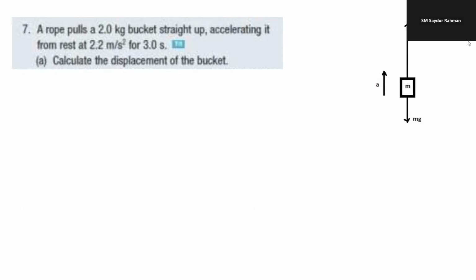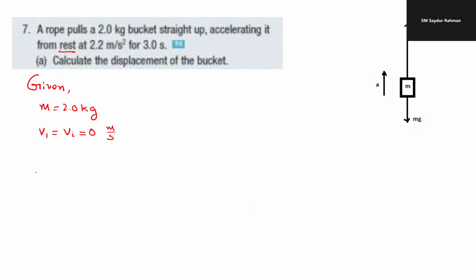Okay, so let us now do part A. What I will do, if I were you, is first write down what the givens are. So my givens are mass equal to 2.0 kilogram. It accelerates from rest, so my initial velocity v1, or sometimes we call it vi, whichever symbol you are using, is at rest, so 0 meter per second.